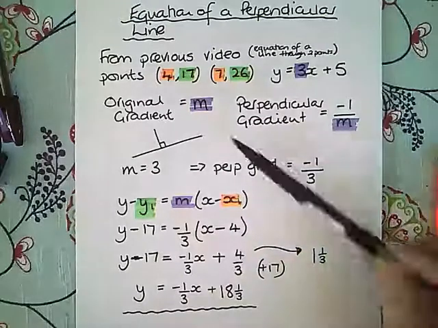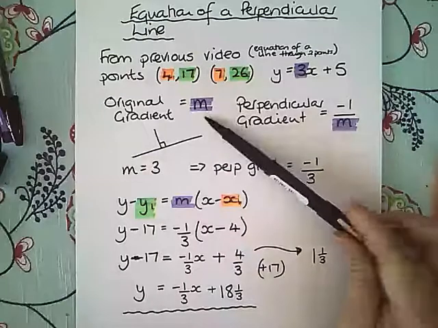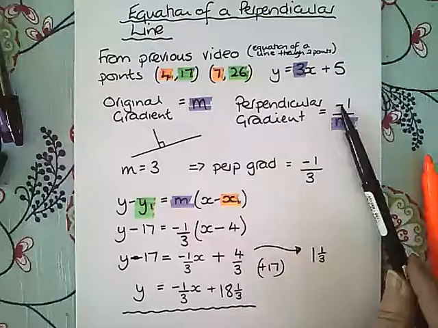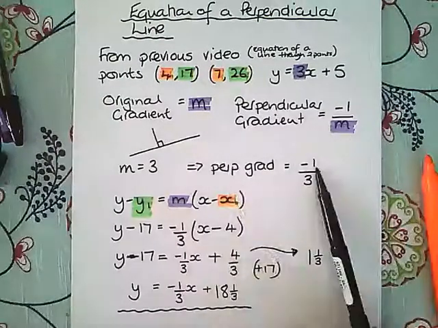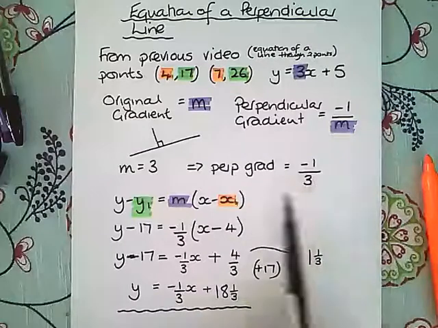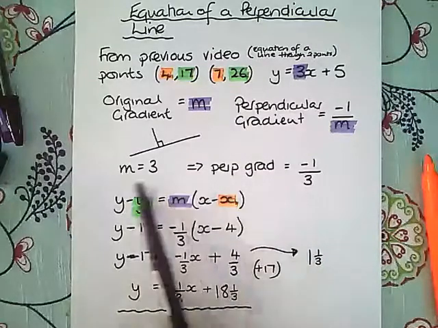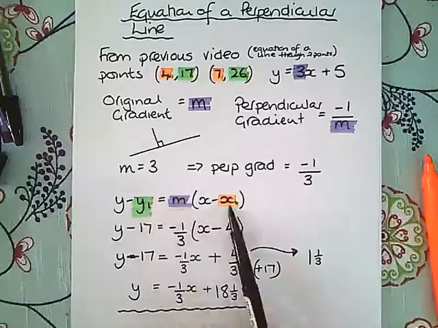Let me just recap. If we have a gradient given to us, and in this case it is 3, we find the perpendicular gradient by doing -1 over the original gradient. So in this case, -1 over 3. Then we use this equation for finding the equation of a line with a given gradient through a point.